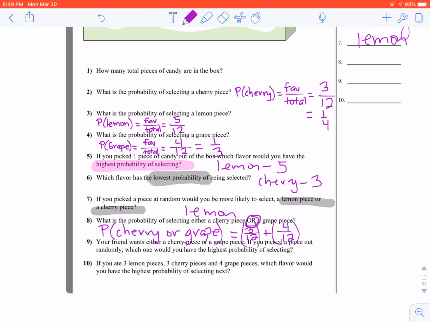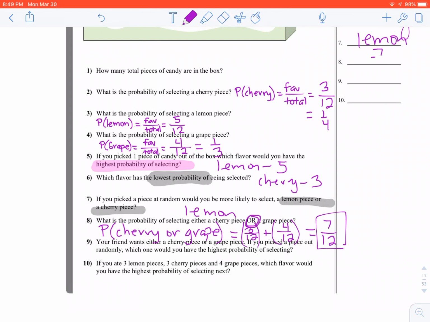So you would type in open parenthesis 3 divided by 12, close parenthesis, plus, open parenthesis 4 divided by 12, close parenthesis. And then once you press enter, you need to press math, enter, enter, to convert it back to a fraction. So you should be getting 7/12.